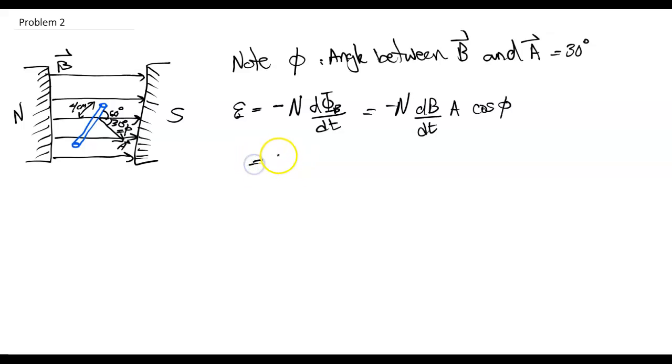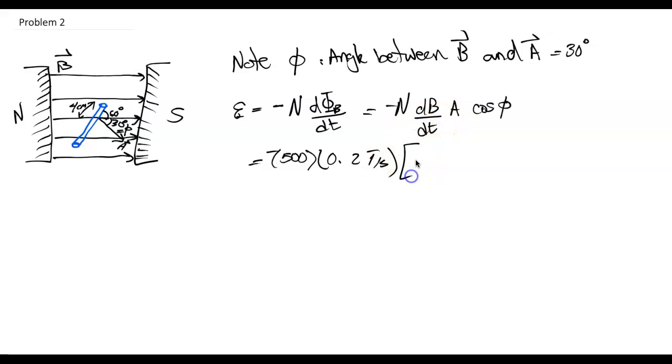And if we plug in our values, we know our coil has 500 turns. The magnetic field is changing at 0.2 Tesla per second.